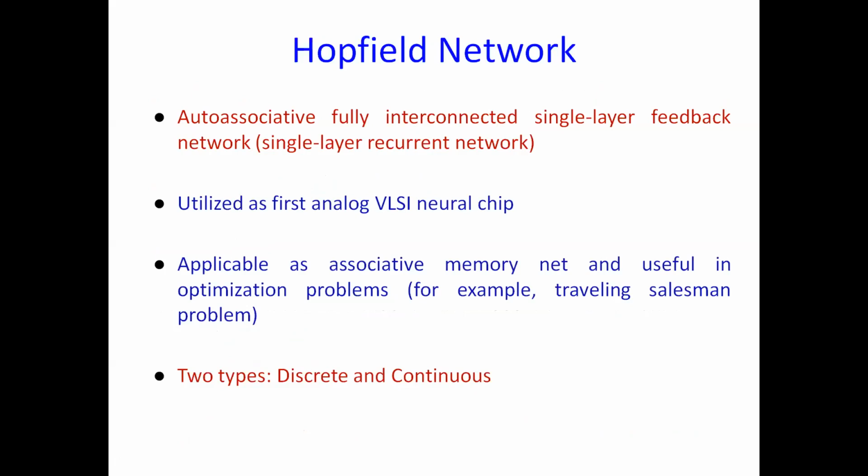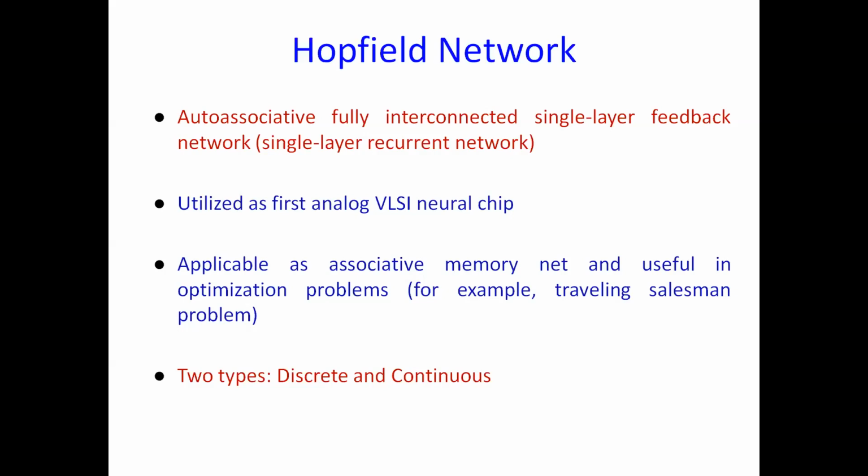This is a kind of network where every unit is fully interconnected. Those networks are auto-associative, and those networks are fully interconnected single layer feedback network. So we can also say it is a single layer recurrent network.